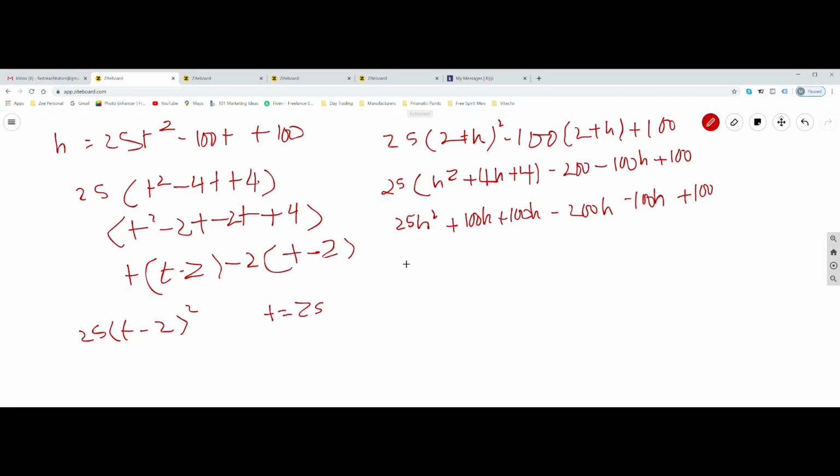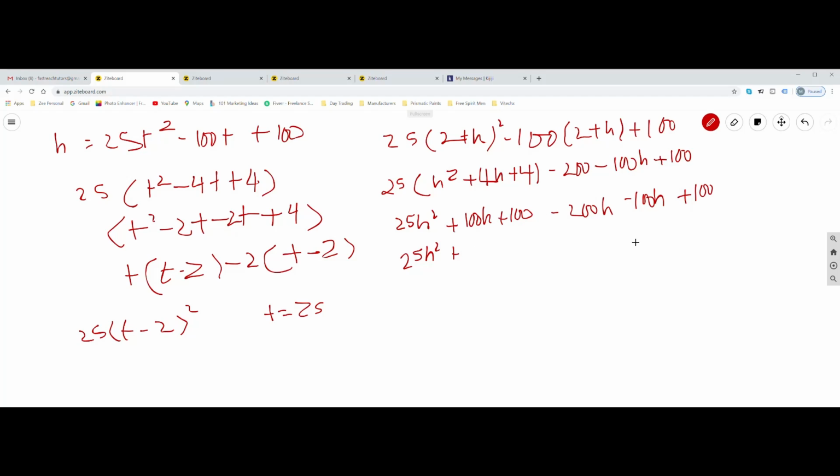Okay, so 25h squared plus, so you have, oh, sorry, this shouldn't be 100h, it should be 100.